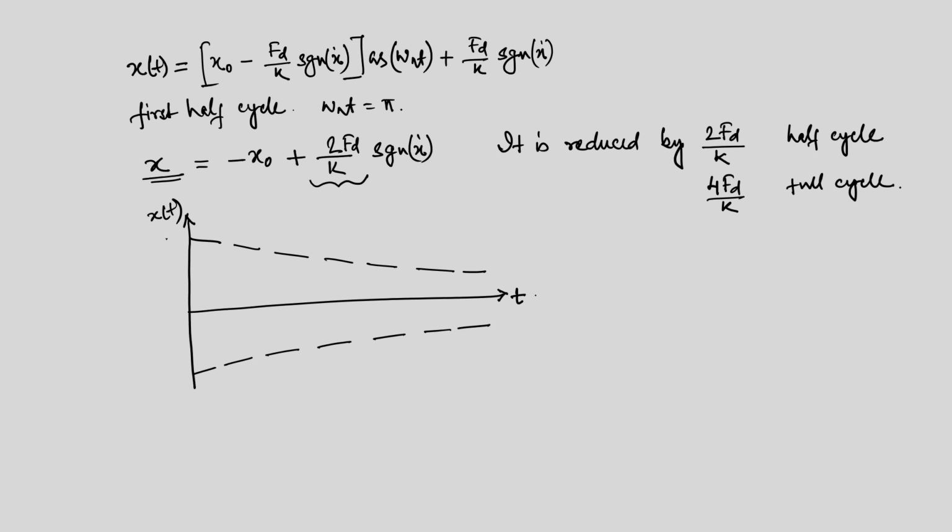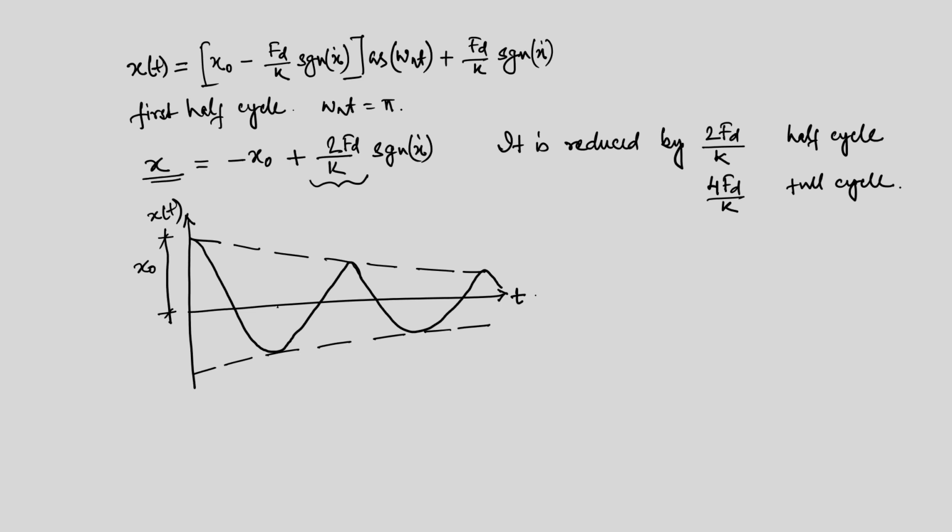So, it starts from x naught. So, this is my x naught, and because x naught dot is 0, it will start from there and then it will continue.